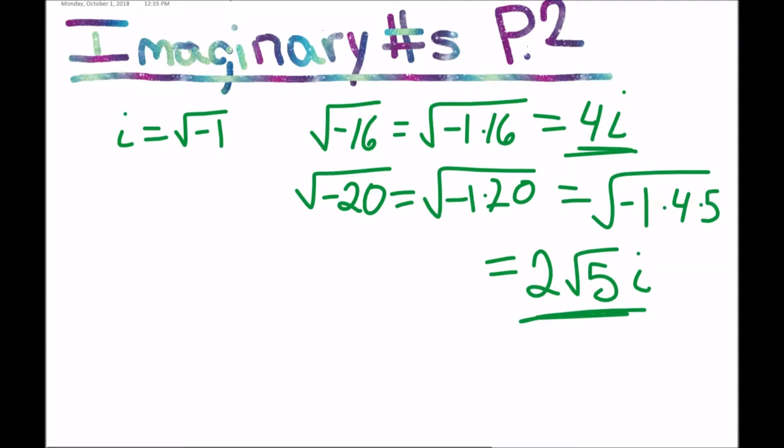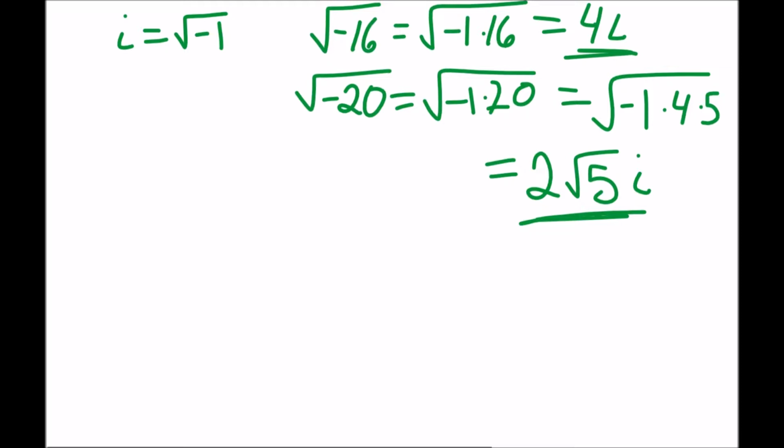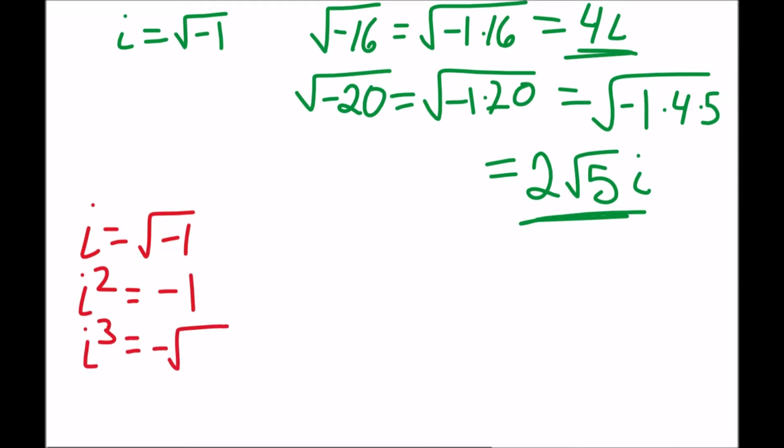And then if we come down further, we went into some specific rules about imaginary numbers. We said i equals the square root of -1. We said i squared equals -1. We said i cubed equals the opposite of the square root of -1, which we said equals -i.